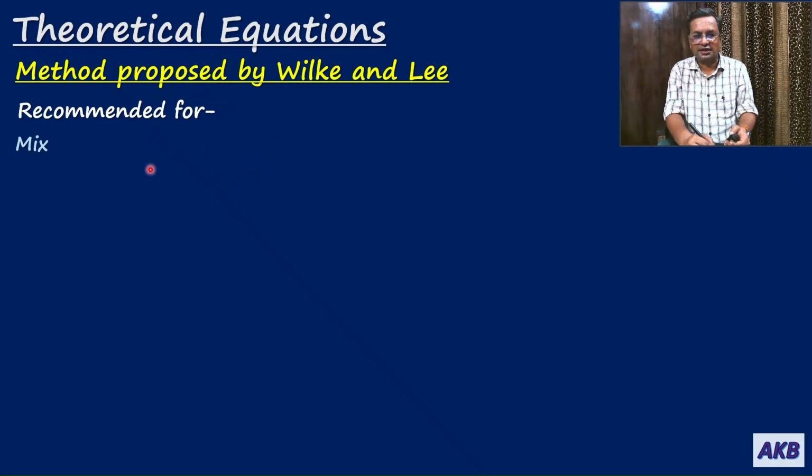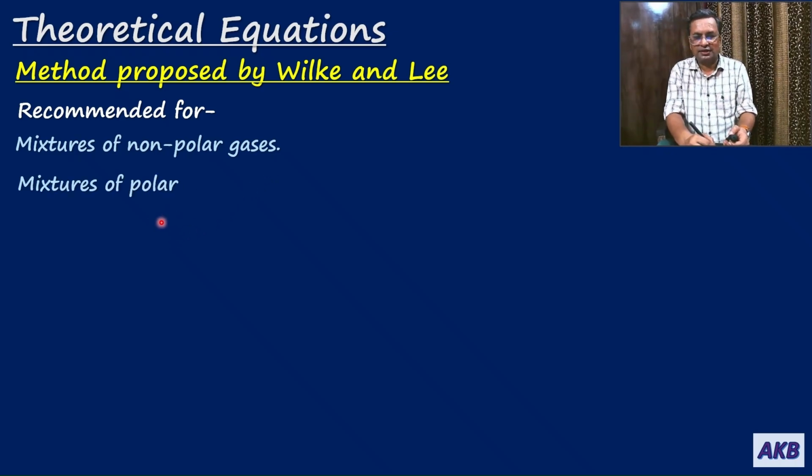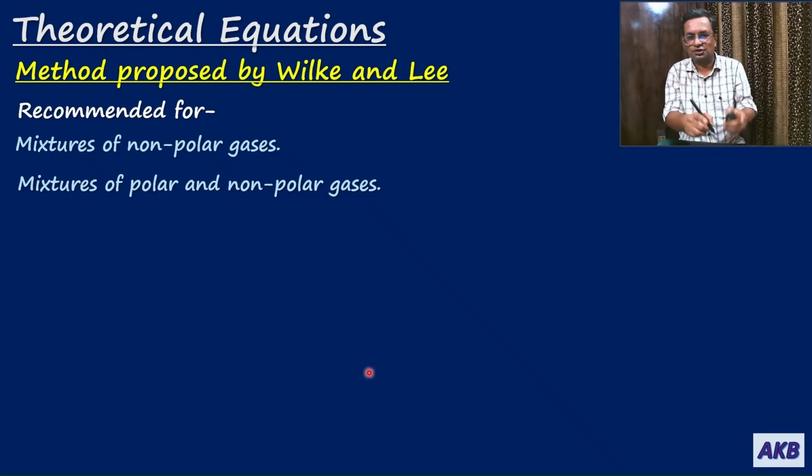This method is recommended for a mixture of non-polar gases, one non-polar gas and another non-polar gas. Or the method is also useful for mixtures of polar and non-polar gases, that is, one polar gas and another non-polar gas. So it is useful for mixtures of non-polar gases or mixtures of polar with non-polar gases.